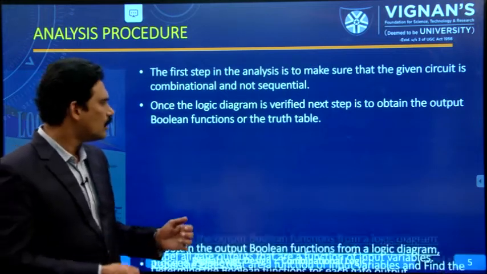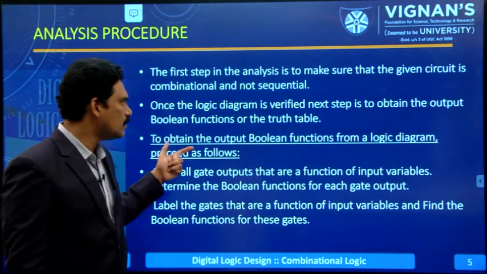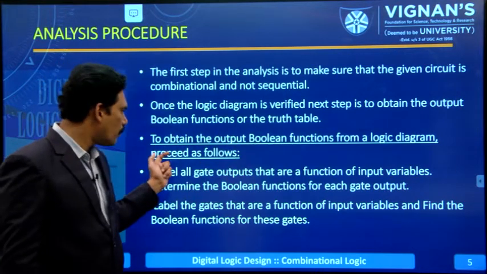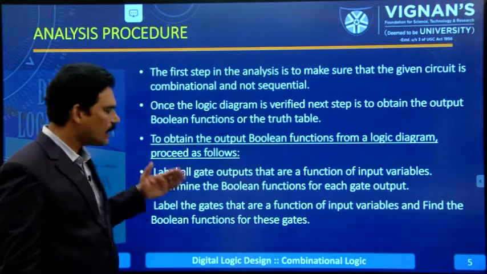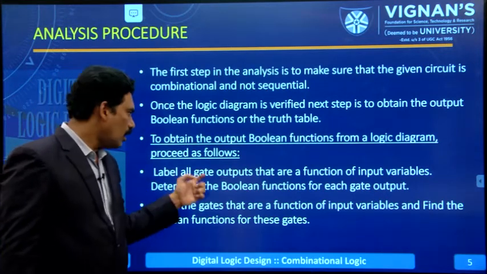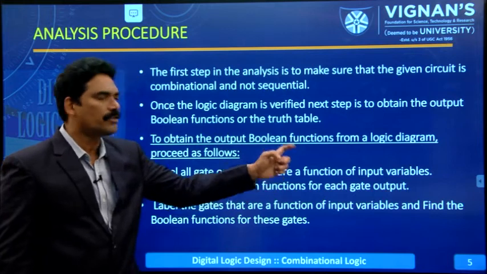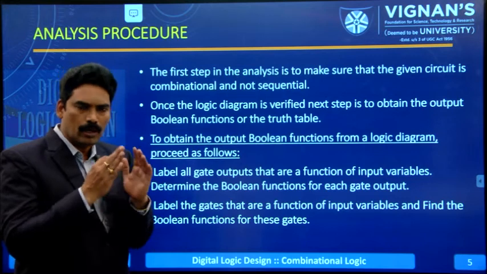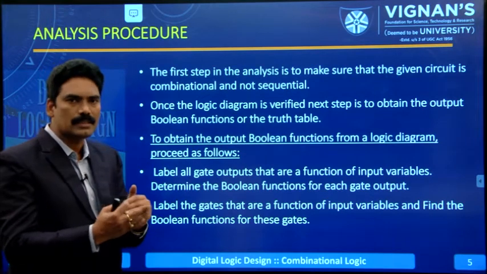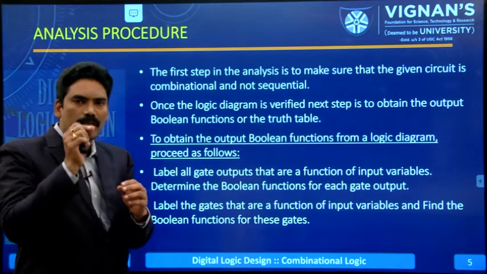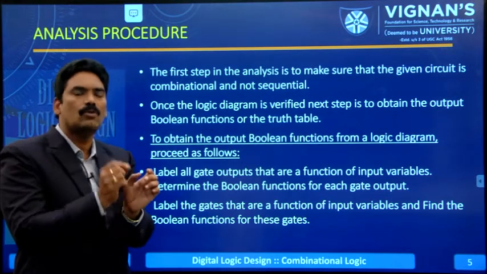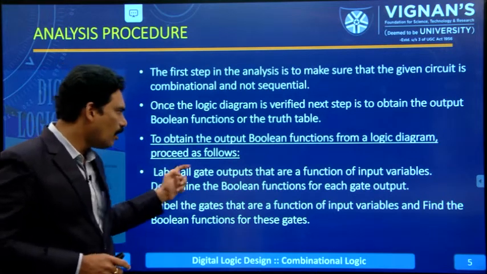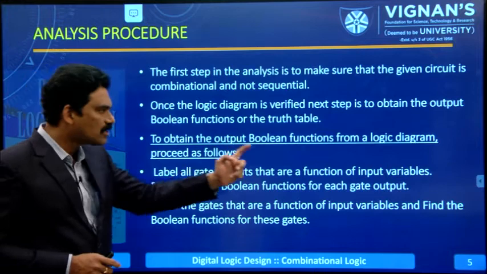For this we have a procedure to obtain the output Boolean functions from a logic diagram. Proceed as follows. First, label all gate outputs that are a function of input variables.